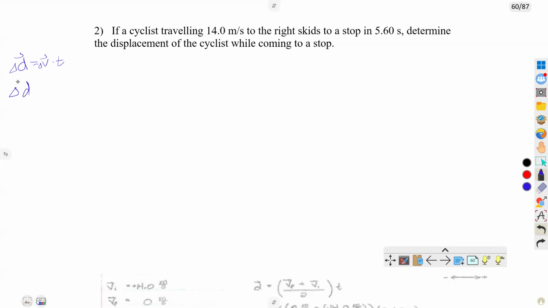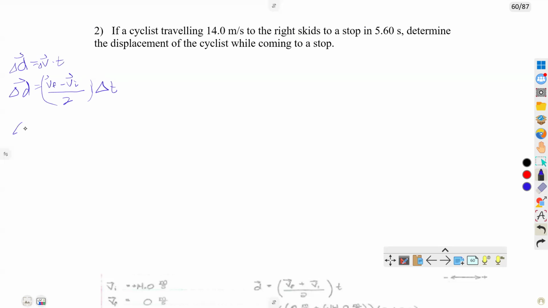Displacement could also be found as (VF plus VI), with the vector arrows, divided by 2, times our change in time.